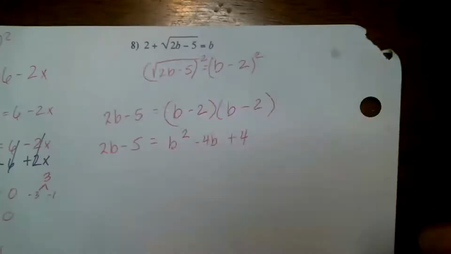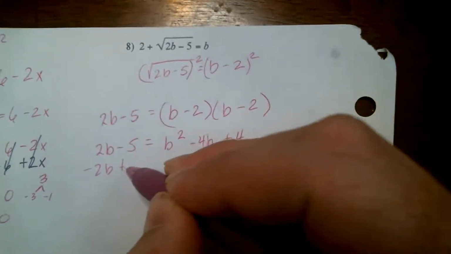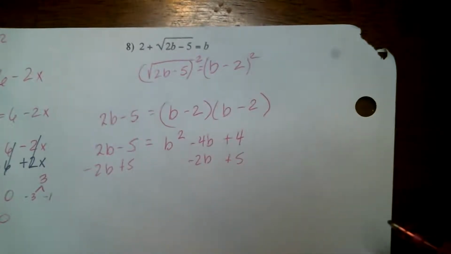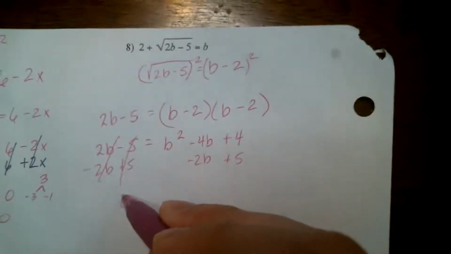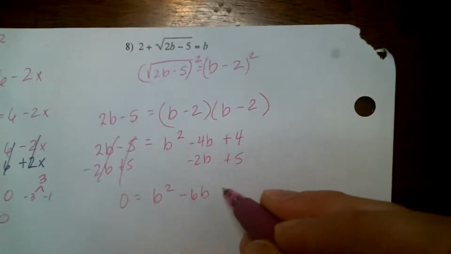Okay. Subtract 2b, add 5. Zero is equal to b squared minus 6b plus 9.